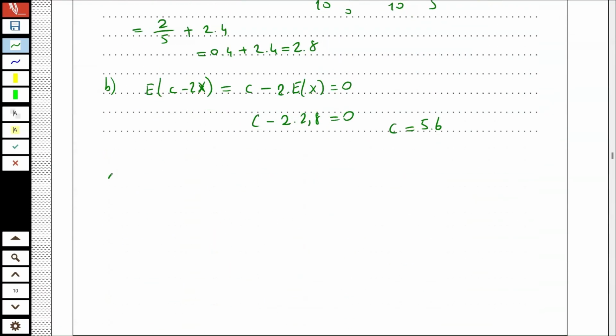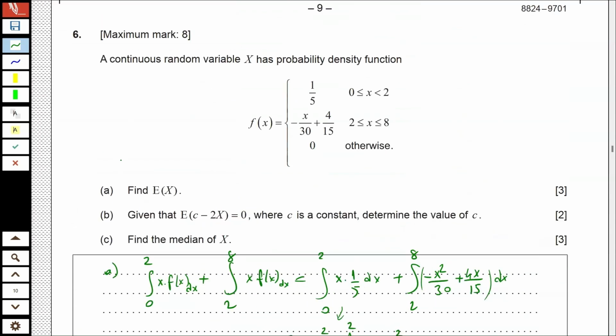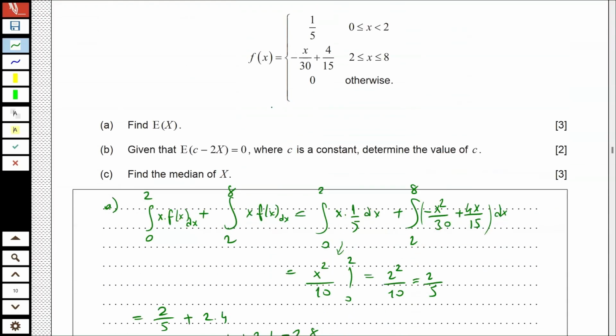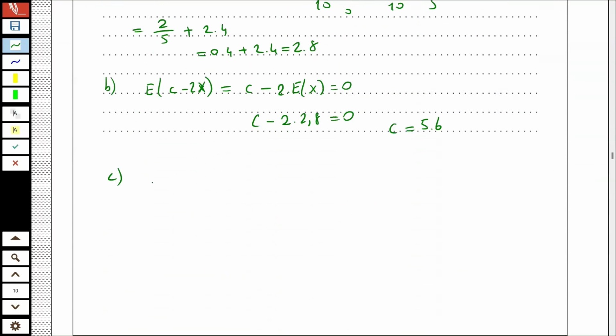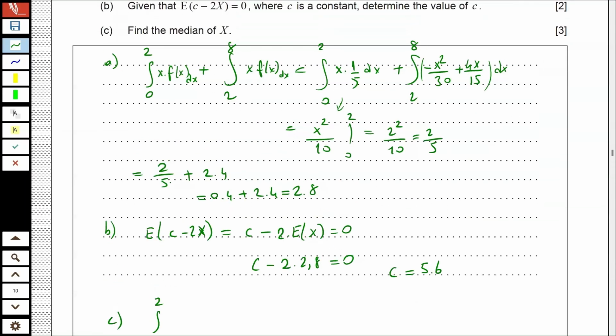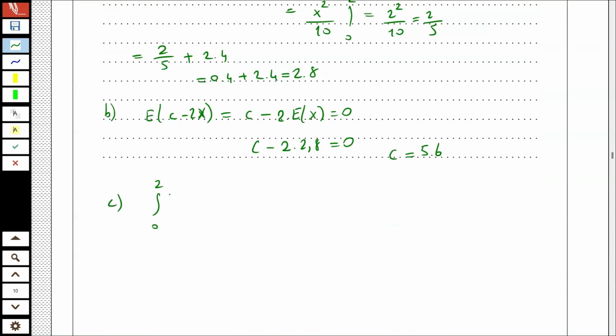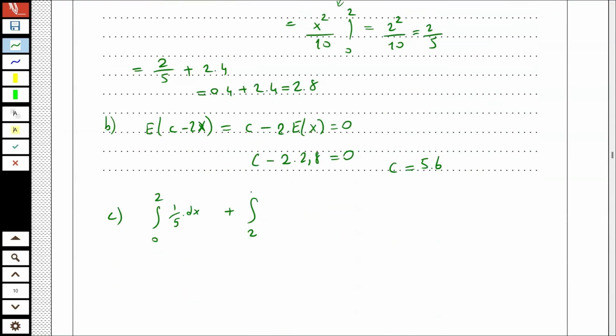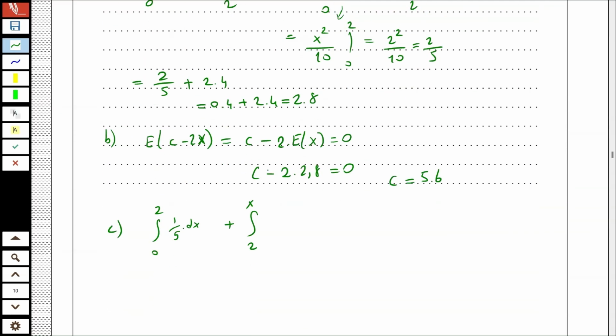Find the median of x. We know that the integral of this function is going to be 1 over 2 if you are looking for the median. So you can start from 0 to 2, the integral of 1 over 5 dx, plus from 2 to, let's say, x, because we are looking for the median, it's going to be somewhere between 2 and 8.